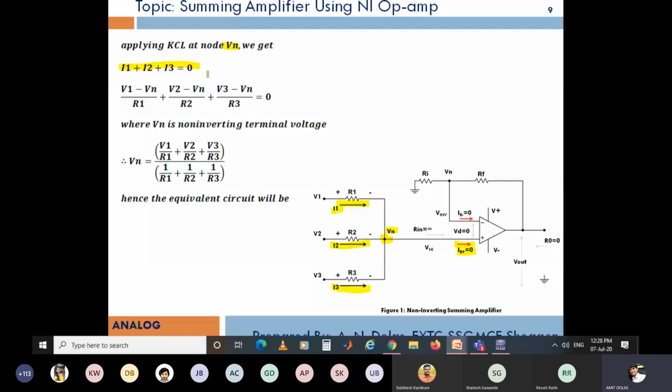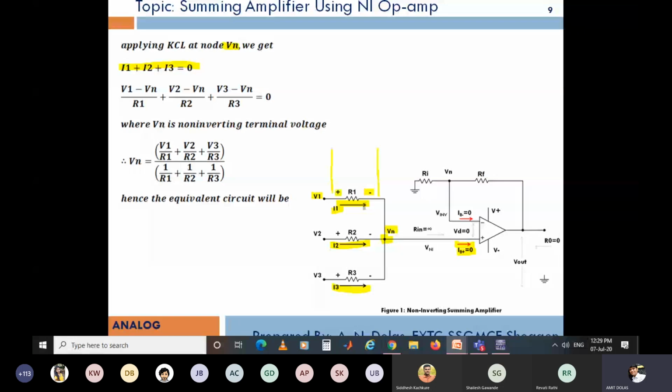And I will write these currents in the form of voltage and resistance. So of course, what is this voltage? This is the known voltage V1, the applied voltage, and this is Vn, which is the unknown voltage. So at this end of resistance R1 is V1, at this end of resistance R1 is Vn. So entering current will be the positive terminal, leaving current will be the negative terminal of the resistance.